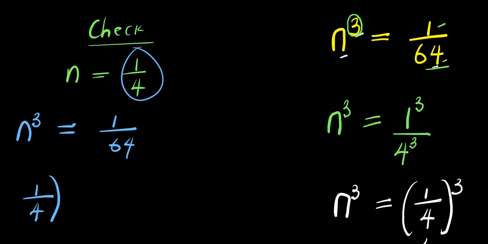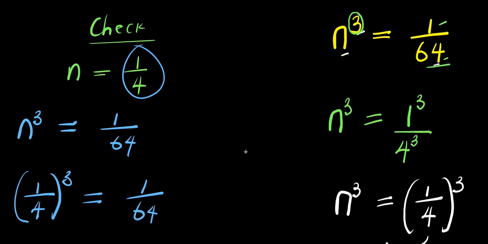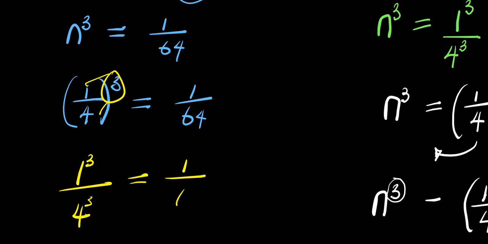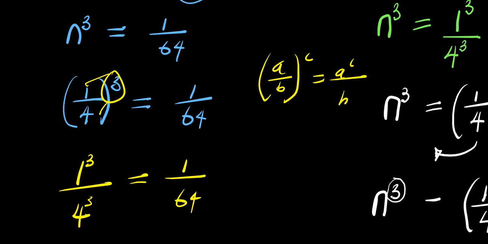You have 1 over 4 to the power of 3 equals 1 over 64. So from here, you can distribute this to each of the terms right here. You have 1 to the power 3 divided by 4 to the power 3 equals 1 over 64. Remember, if you have a divided by b raised to the power of c, it equals a to the power c divided by b to the power c.